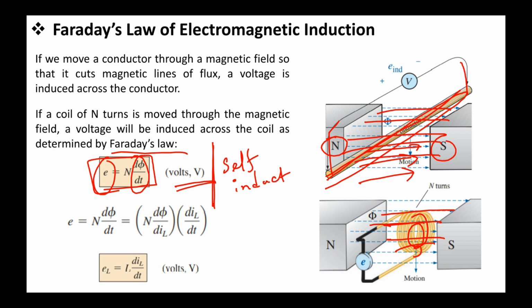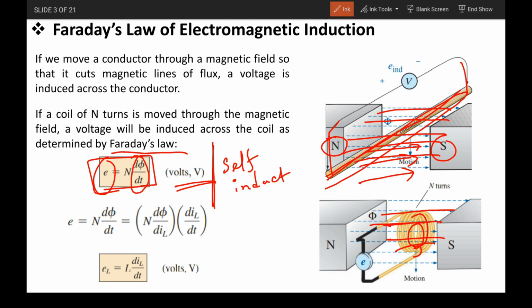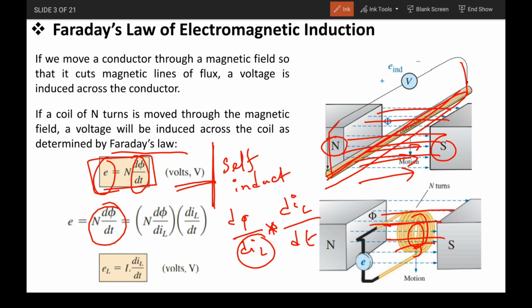Now if we rewrite it in terms of the self inductance value that I was talking about, this N d phi by dt, I can change it to N d phi over d I_L. Since I introduced an additional term, I need to multiply by d I_L in the numerator so that they cancel out, and then the previous term is d I_L over dt.